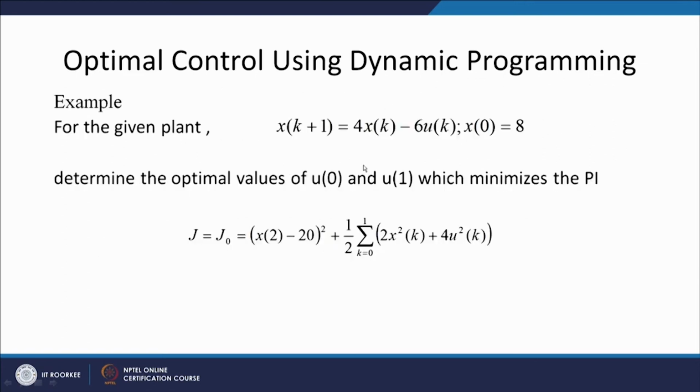What is V of x1, u1? It is nothing but my stage cost. So, my V is half of 2 x square k plus 4 u square k.